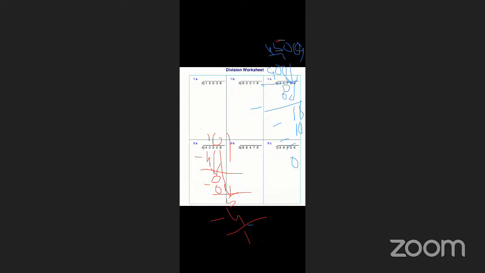Then you bring down the 0. So then you get 4 times 2 is 8, so close it. So 10 minus 10 is 0, then you bring down the 8. So 4 times 2 is 8, right?